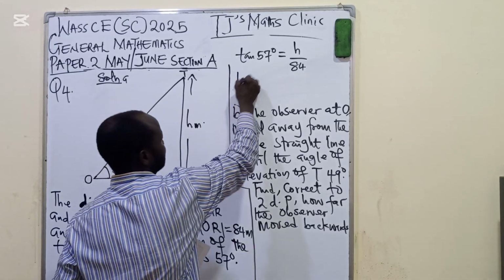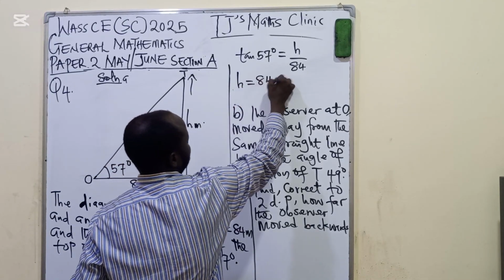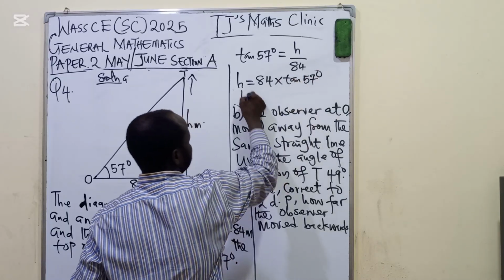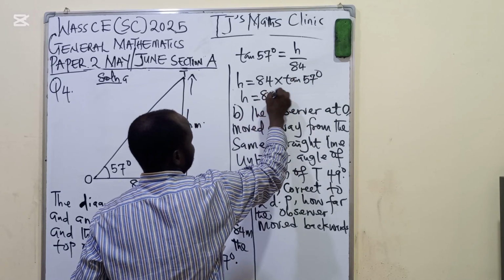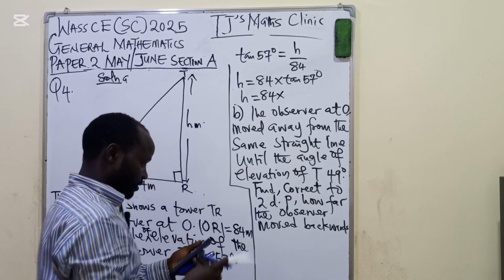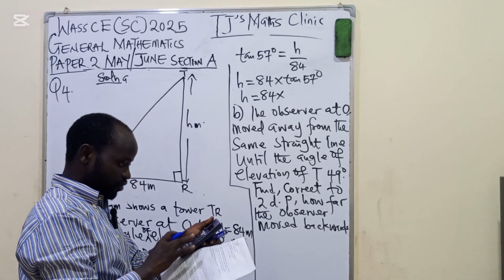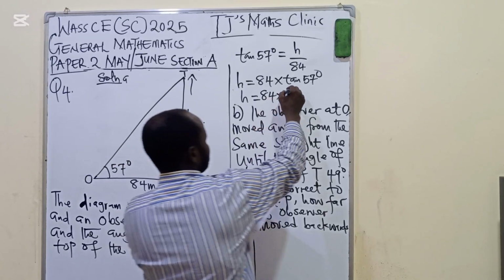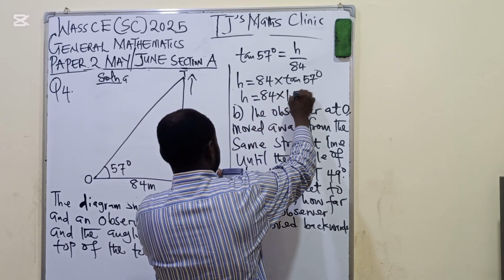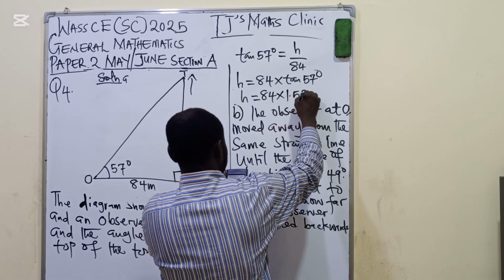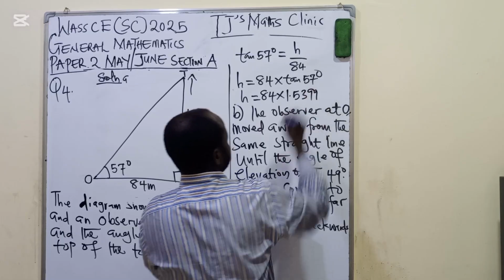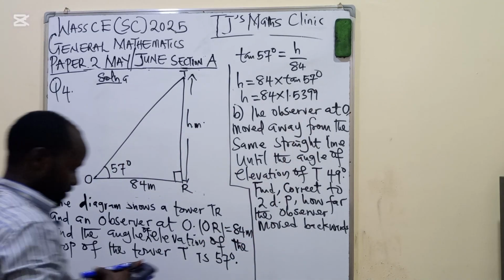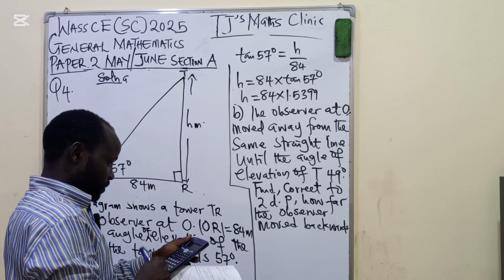So the height H now will be 84 multiplied by tan 57 degrees. Ensure that your calculator is in degree mode. So let's check tan 57 degrees. What do we have? 1.53399. Let's multiply it by 84 now.